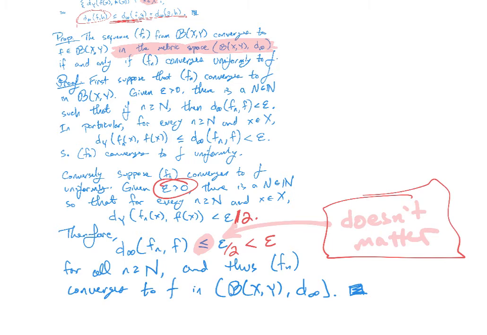It's that your sequence is getting so close that no matter what number you pick, the sequence will get within that distance of the limit. Well, it doesn't matter for that definition if it's a strict or a weak inequality. You're still getting as close as you could want to the limit.